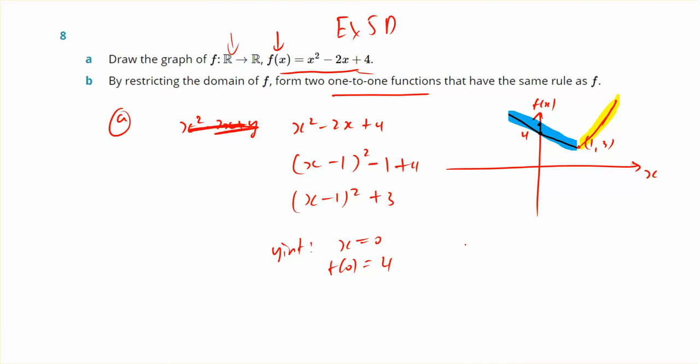So I can form the function, same rules as f. I'll call it g, such that from, the blue would be from negative infinity to 1, including 1, to reals, such that g of x equals the same equation, x squared minus 2x plus 4. I've just restricted the domain.